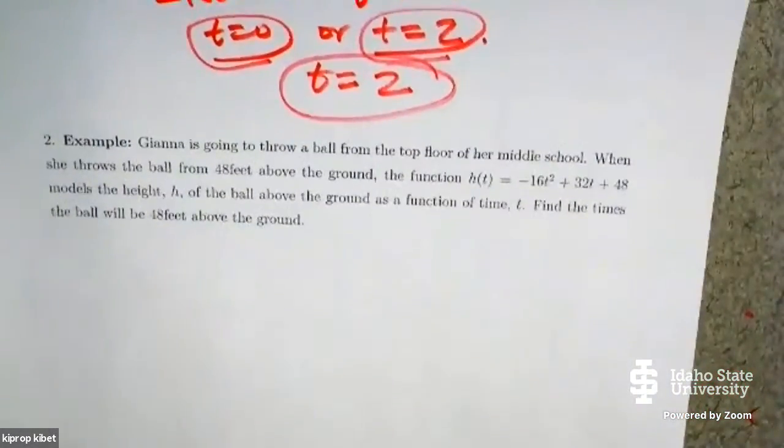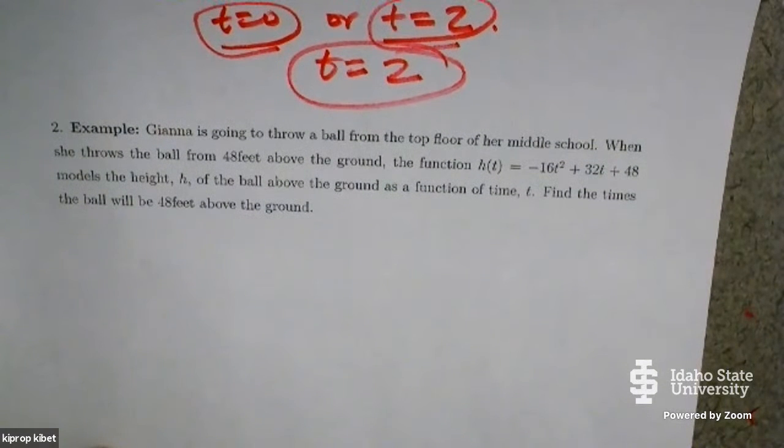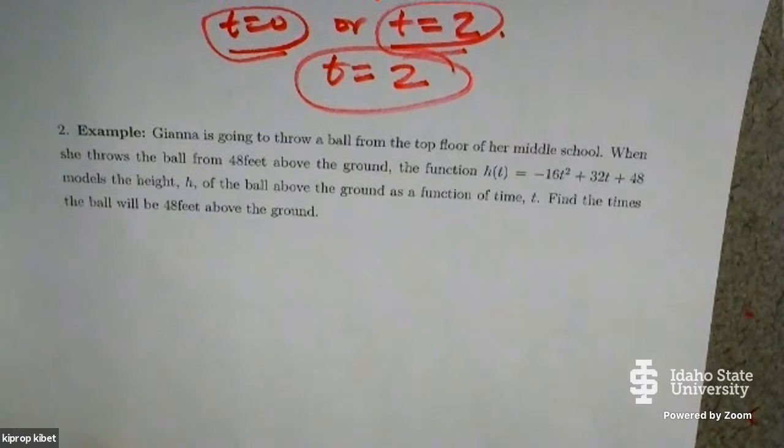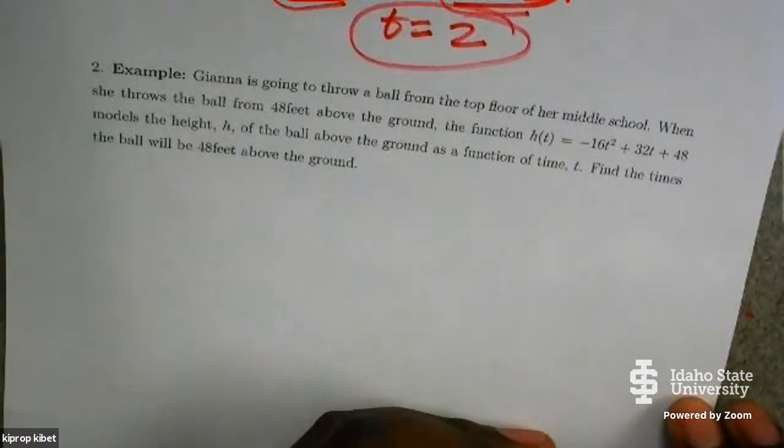Example number 2. Someone can read for us. I got it. Gina is going to throw a ball from the top floor of her middle school.